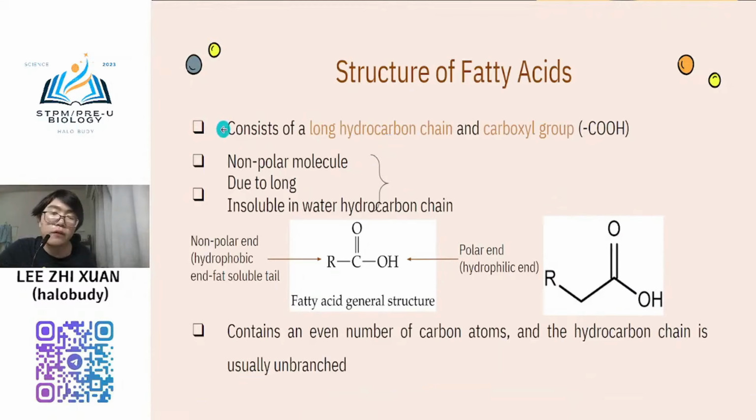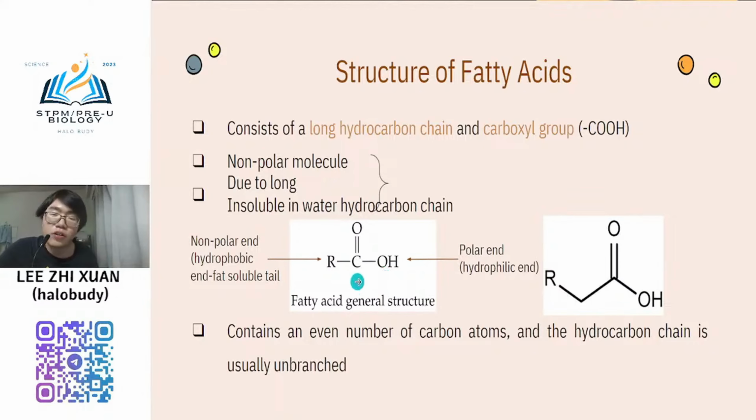And then another one is fatty acid. Fatty acid is a long hydrocarbon chain that contains a carboxyl group. You can see this general structure. The carboxyl group is C double bond O and OH, COOH, that you write in your STPM, right?